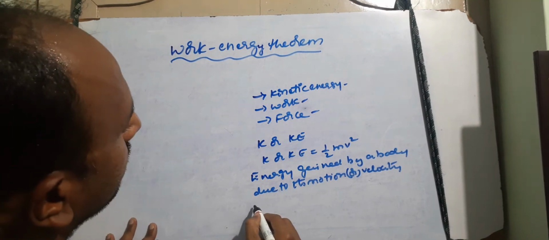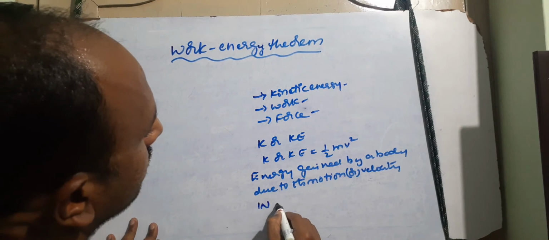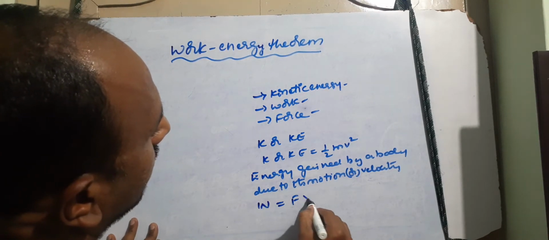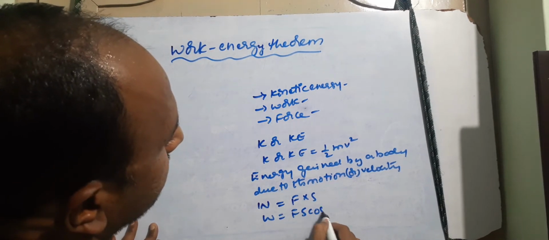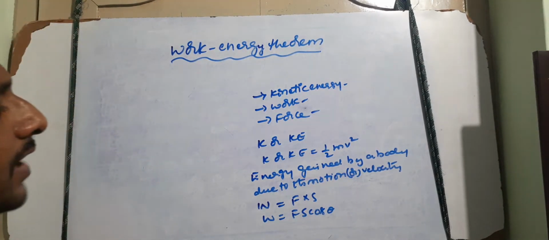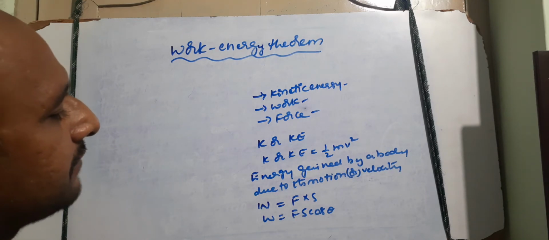Now work. Work is denoted by W, which is given by the formula F into S and also F s cos theta. So these two formulas we use. We use F into S, where F is the force and S is the displacement.